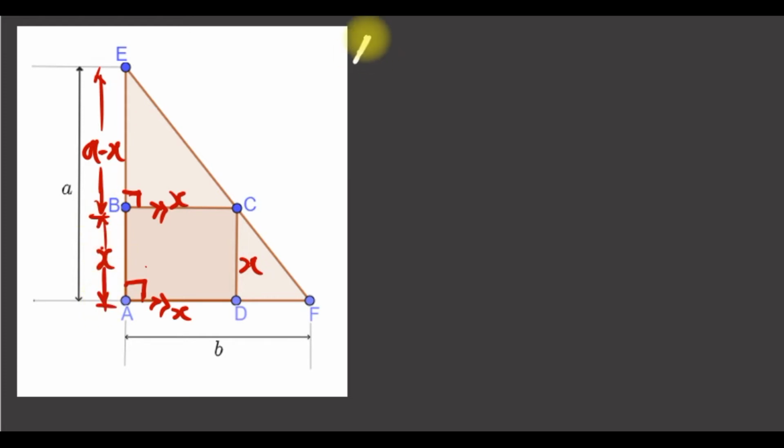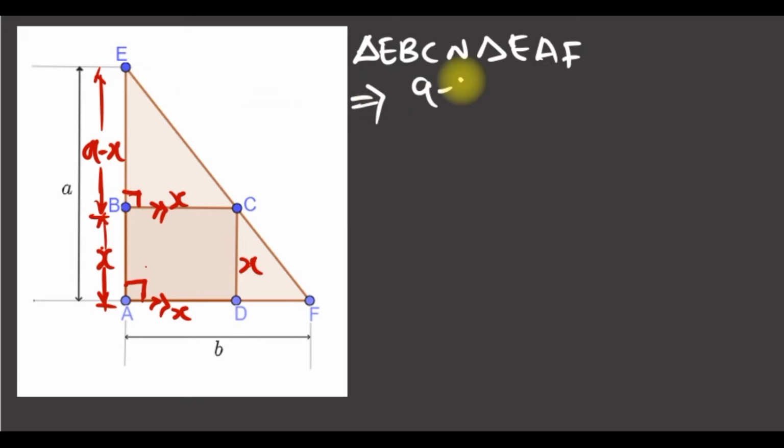Triangle EBC is similar to the bigger triangle EAF, which implies that the ratio of corresponding sides must be proportional. So this a minus x corresponds to a in the bigger triangle, while this side x corresponds to b.